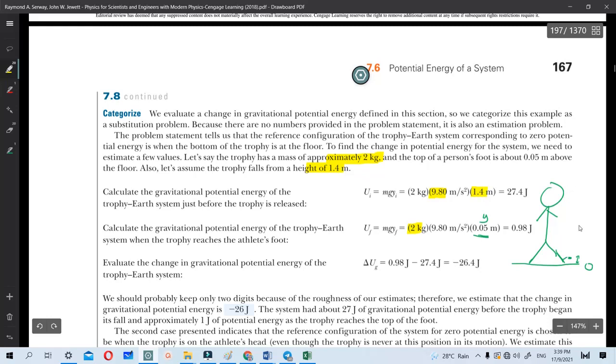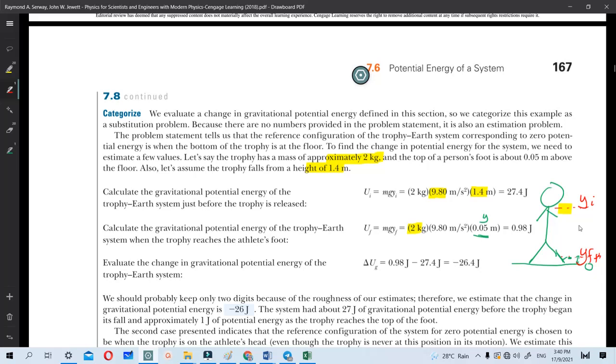So he was perhaps holding it at this level, most probable. Let's just use red color to indicate the direction. This is where it started and this is where it landed on his foot. So you will find that the change is 0.98 minus 27.4 joule. You just plug in the numbers by the idea of final minus initial.